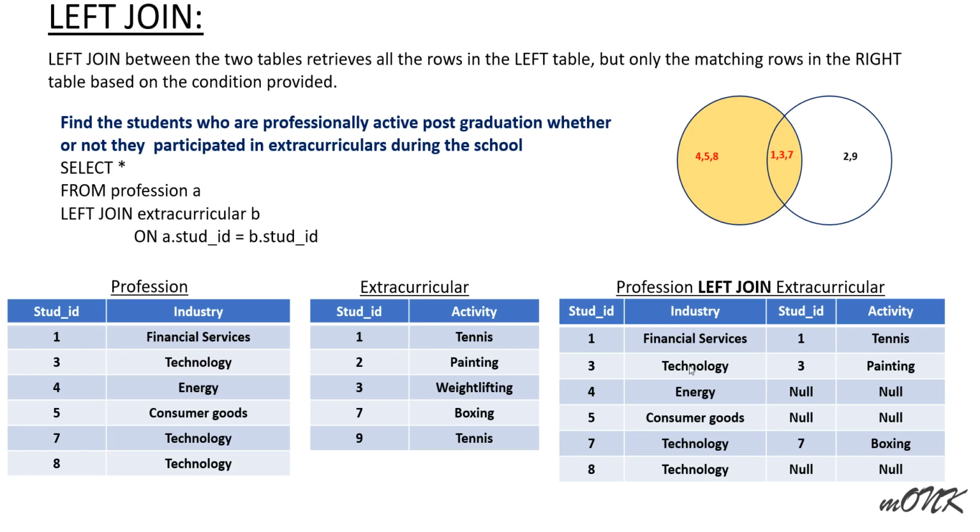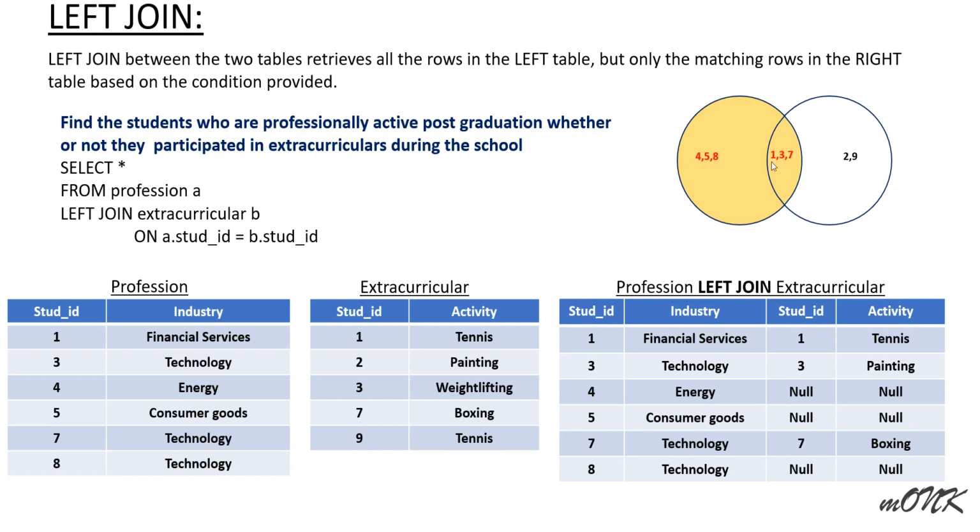So we can see here, since we have very few rows, students 458 and 137 are professionally active. Out of those, 458 did not pursue any extracurricular, whereas 137 pursued the extracurricular.